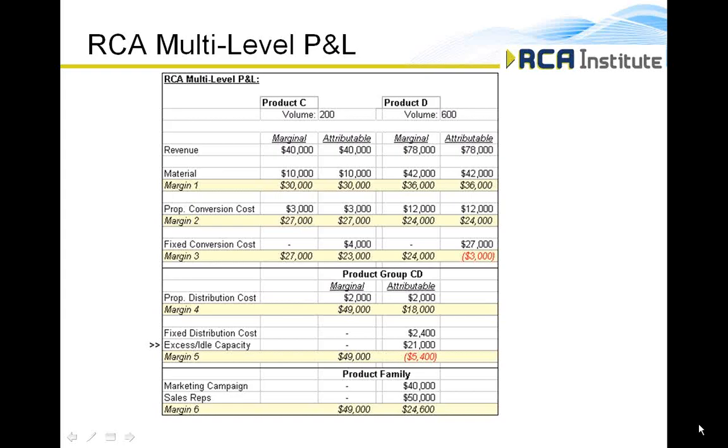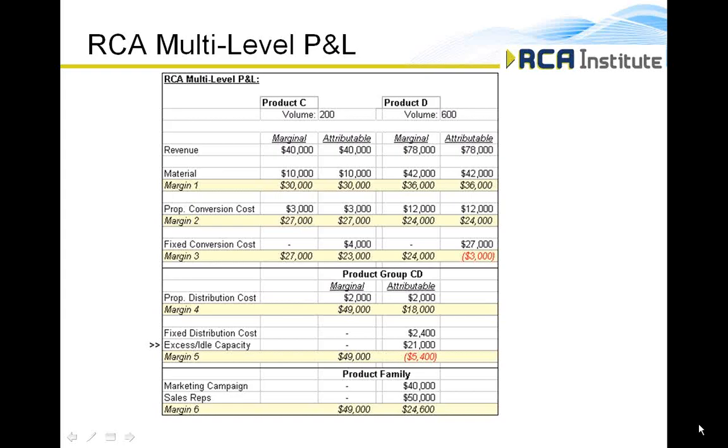The objective of RCA is to produce a marginal profit and loss statement that clearly shows the nature and characteristics of several contribution margins. Costs are assigned to the level in the organization responsible for and capable of taking action to avoid the cost. Cost can be assigned to individual product levels, product group level, the product or service line level, or to the entire organization.